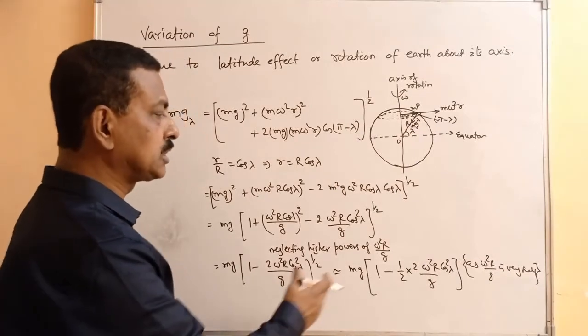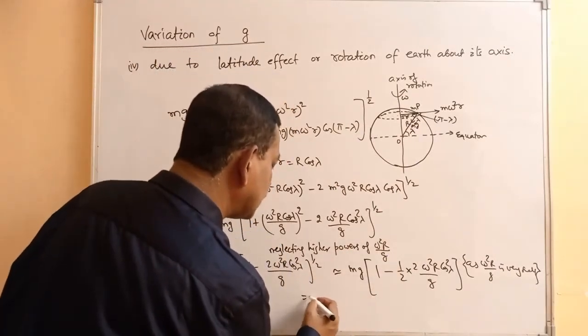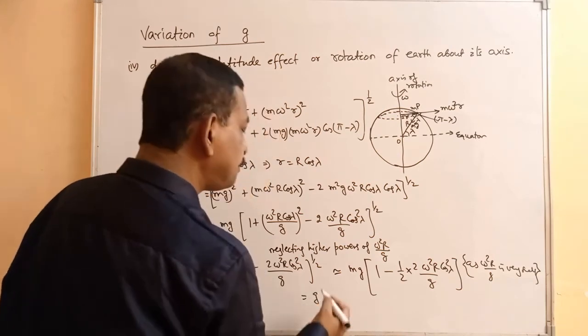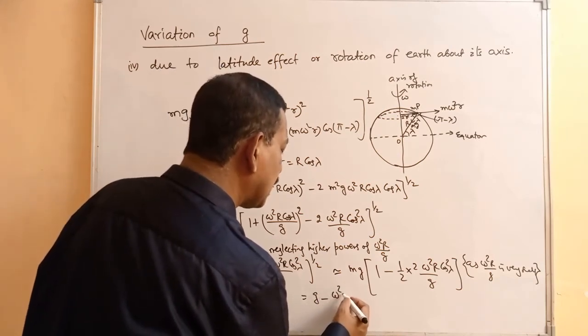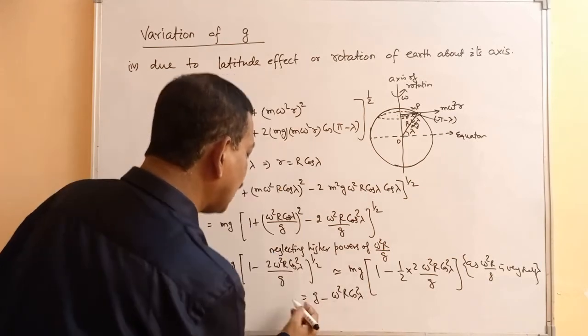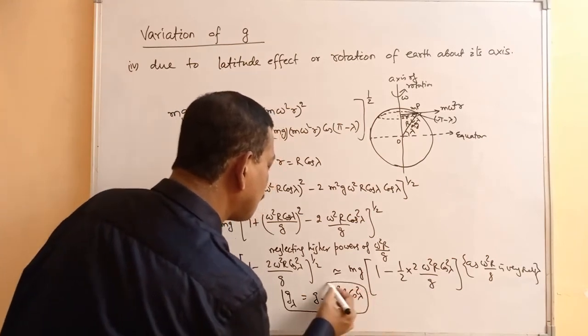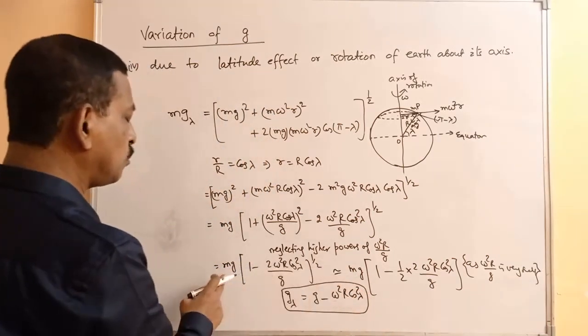And now if you just expand or remove the bracket here, then you'll get g minus omega square r cos square lambda, and this is g lambda, because m we can cancel from both sides.